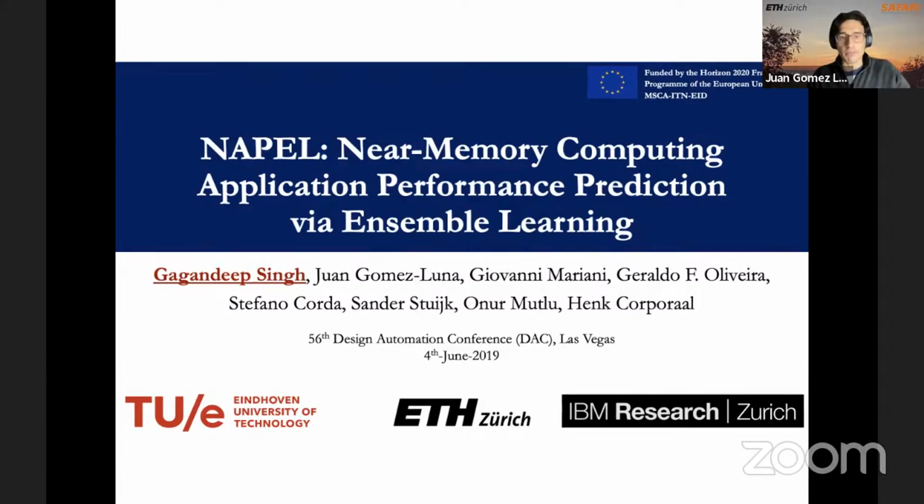In these cases, if we are able to come up with simpler models that can already provide insights on, for example, PIM suitability, that's going to be much better. And that's what we tried in this NAPEL work, which provides a performance and energy prediction tool based on machine learning, in particular based on ensemble learning.